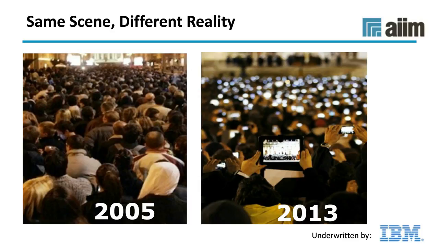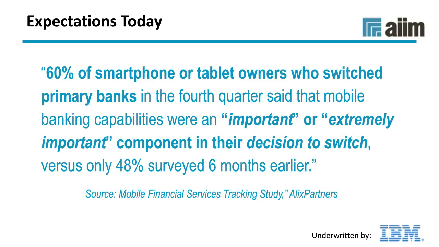If we look at some stats, research done by a company that surveys customers of banks, they noted that 60% of smartphone and tablet owners who switched their primary bank did so because mobile banking capabilities were either extremely important or important.